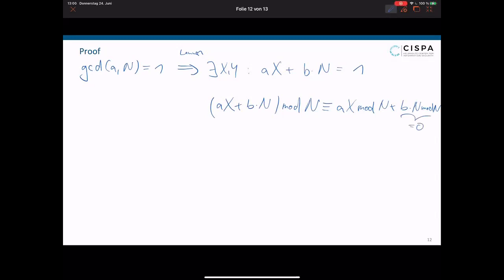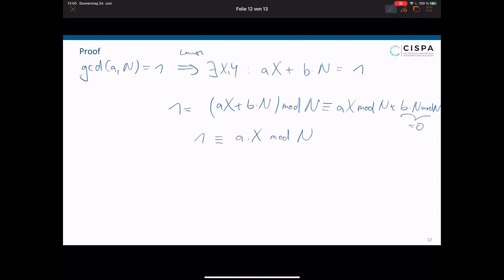And you know that a times x plus b times n is just 1. So we get that 1 is congruent to a times x modulo n. And that means x is a multiplicative inverse of a.